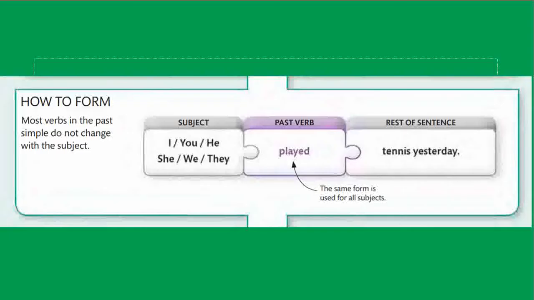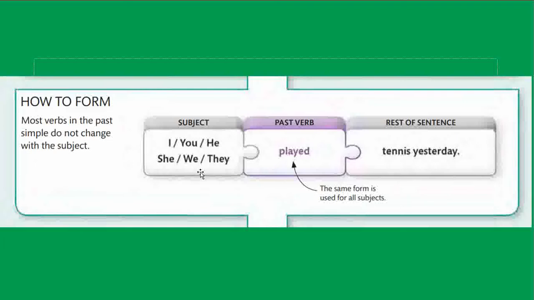Let us see the sentence structure, how it is formed. Most verbs in the past simple do not change with the subject. Over here: the subject, the past verb, and the rest of the sentence. Let us see the subject. I, you, he, she, we, and they all take the verb with the ed form. The same form is used for all the pronouns.